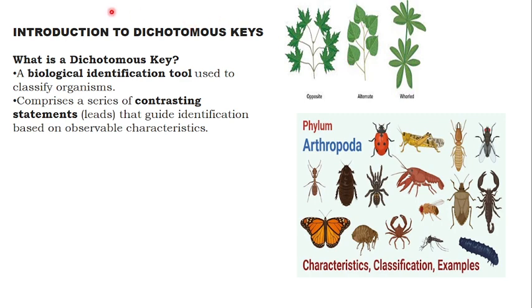Based on those characteristics, we classify the organism. To say these are animals, Animalia, we have seen they should be multicellular, eukaryote, and so on.